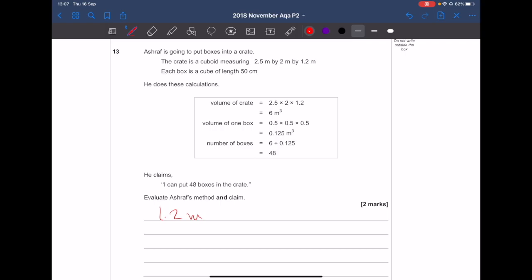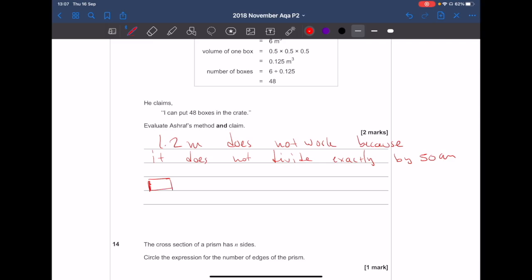So therefore, if you were to fit the boxes in, you would have 0.5, 0.5, and you'd have 0.2 remaining for your box. So that is a hole.